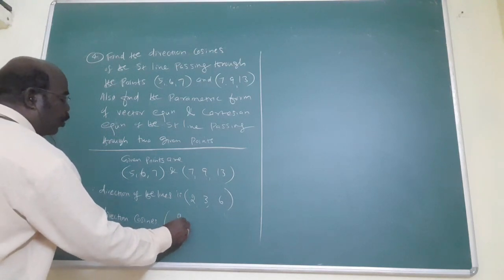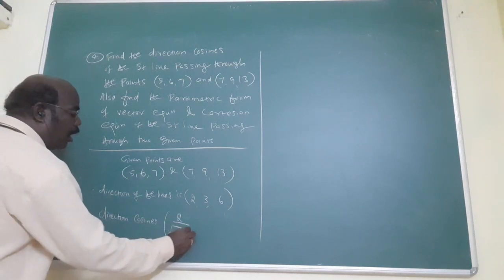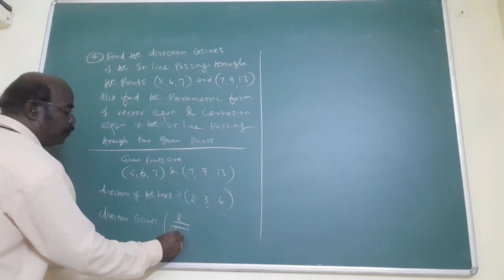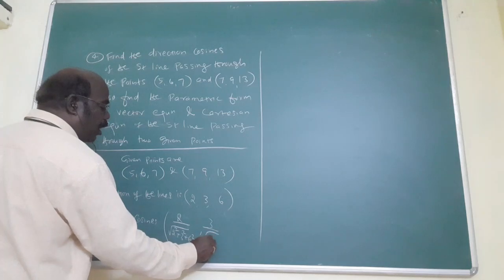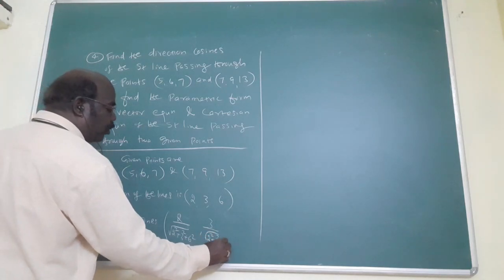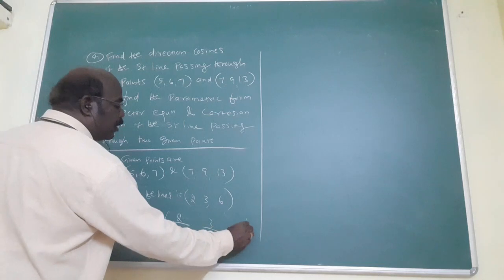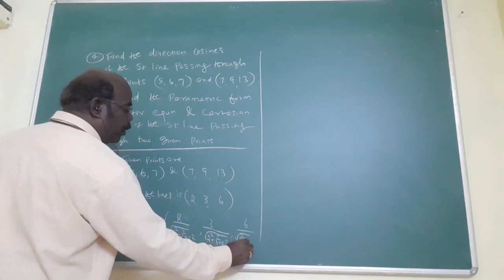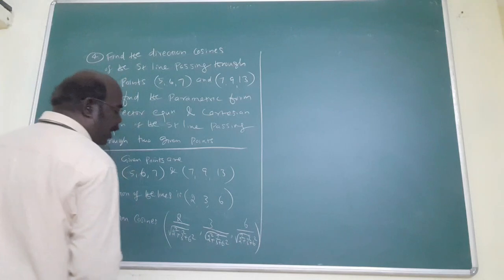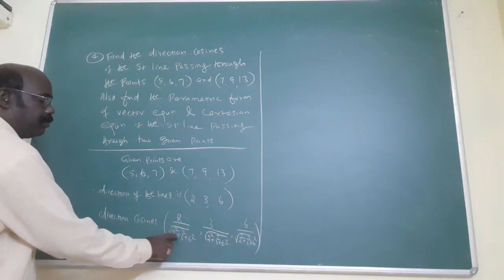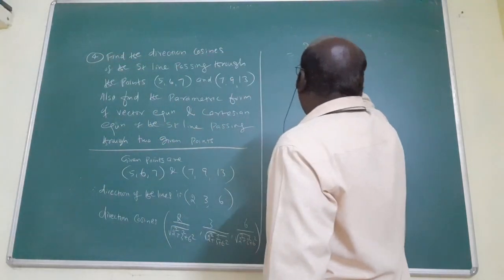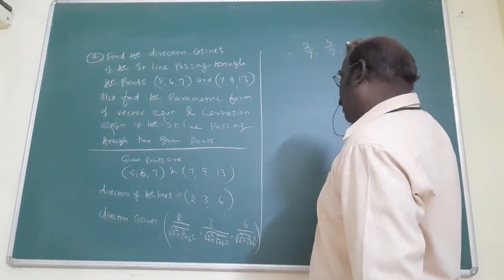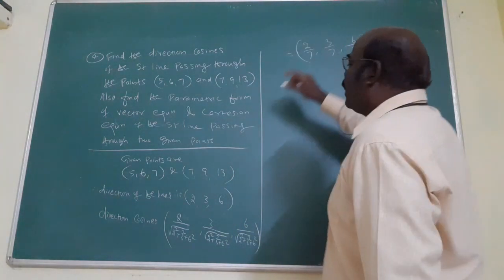What is the formula? 2 divided by root of 2 square plus 3 square plus 6 square, comma 3 by root of 2 square plus 3 square plus 6 square, comma 6 by root of 2 square plus 3 square plus 6 square. Now simplify. 2 square is 4, 3 square is 9, 6 square is 36; 4 plus 9 plus 36 is 49. Root of 49 is what? 7. Therefore it is equal to 2 by 7, 3 by 7, then 6 by 7. This is the answer.